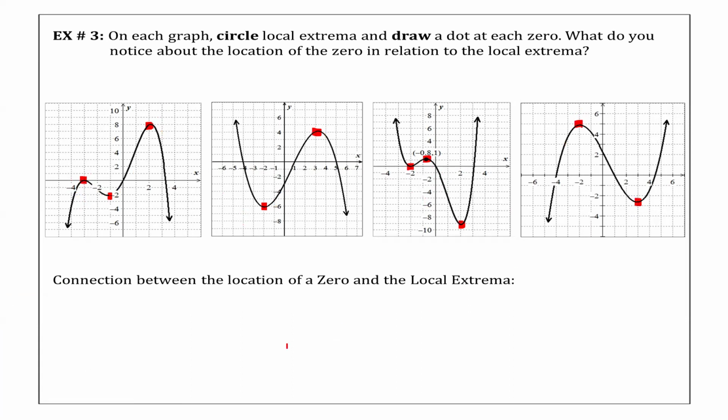How we do? Okay. Now we're going to identify our zeros. So here's a 0. Here's a 0. Here's a 0, 0, 0, 0. Here's a 0. Here's a 0. Here's a 0, 0, 0 and 0.